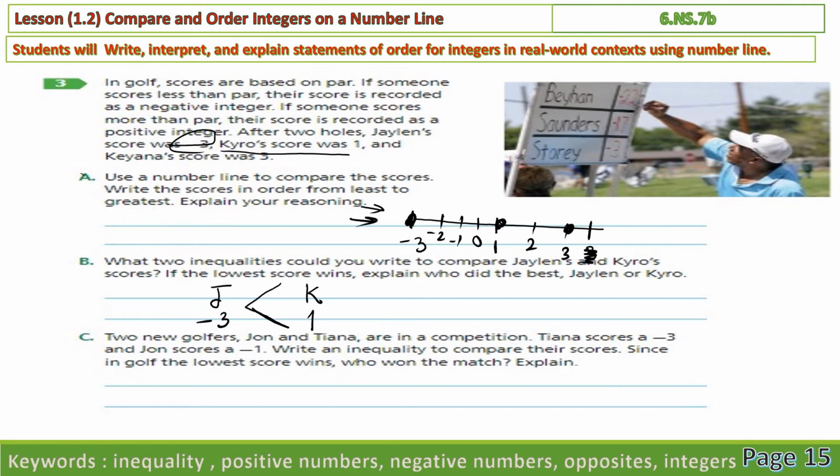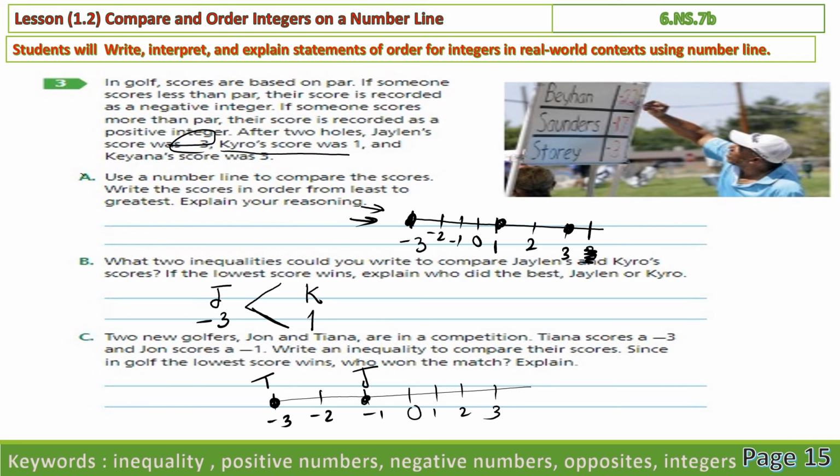Two new golfers, John and Tiana, are in the competition. Tiana scores -3. John scores -1. Let's make a number line. Here 0, here 1, here 2, here 3, here -1, here -2, and here -3. So Tiana has a -3 score and John has a -1 score.